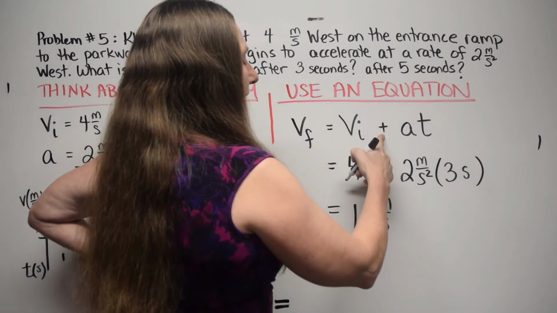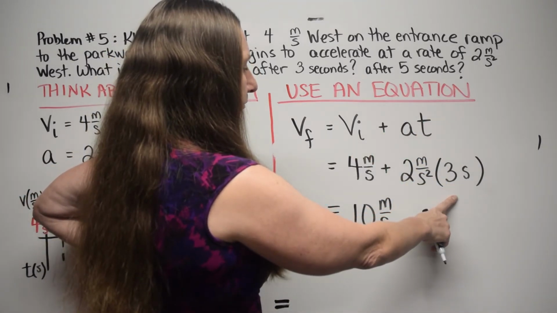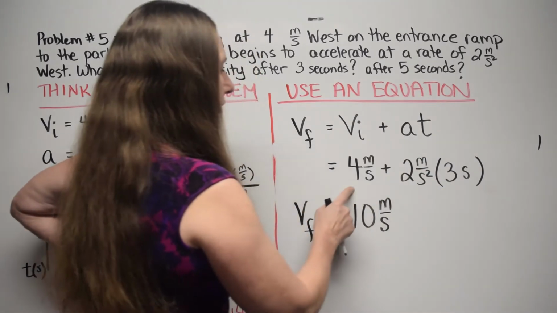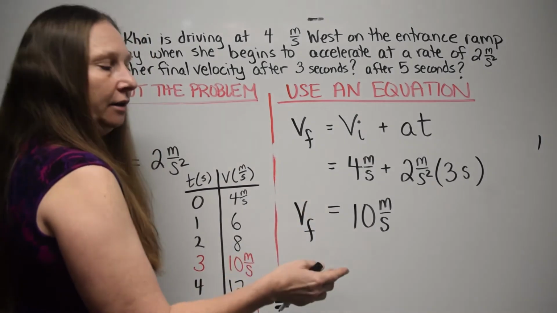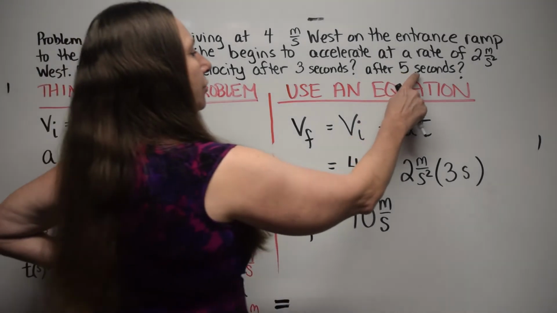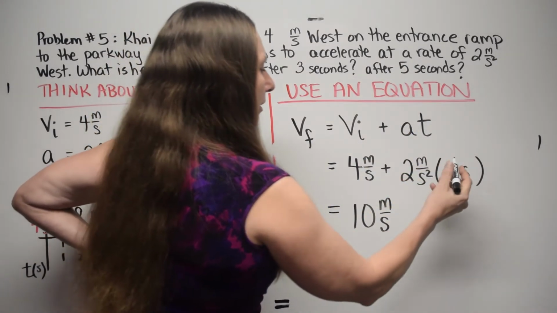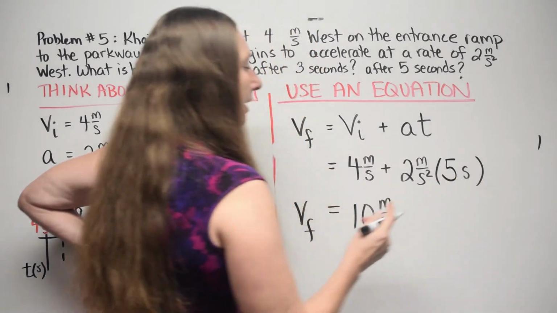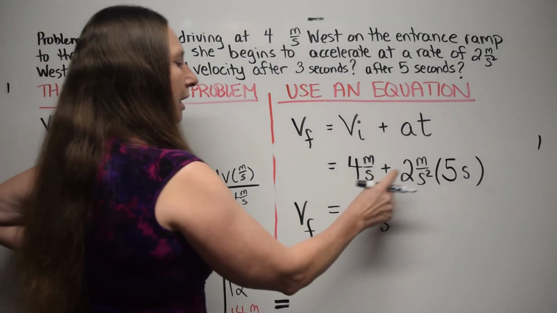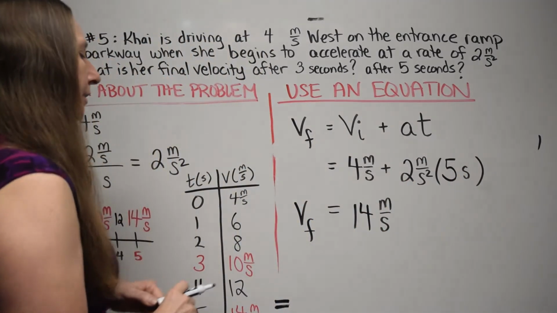And what you're doing is adding to that the acceleration for a certain amount of time. An acceleration of 2 meters per second squared for 3 seconds gives us 4 plus 6. The final velocity is 10 meters per second. If you want to do the math for 5 seconds, the only thing that's changing is that it's 5 seconds instead of 3 seconds. So what you've got is 4 plus 10, or 14 meters per second.